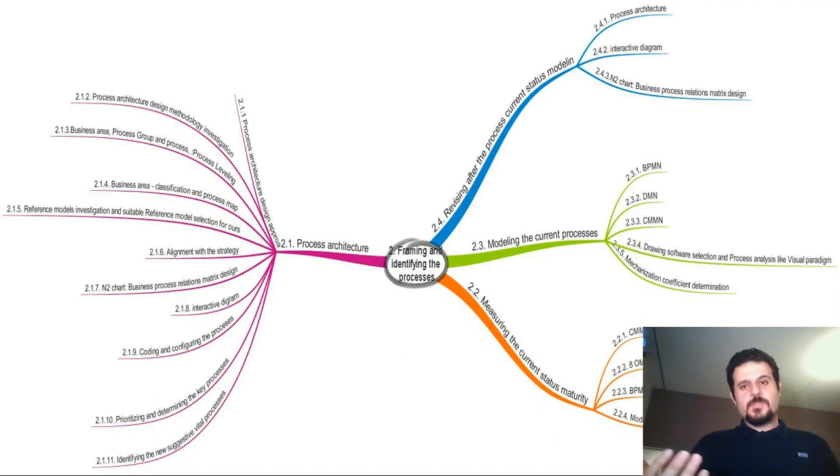The reference model approach is very suitable and much faster. It can help us classify the processes more easily. So you need to choose your methodology. After that, you should know about the business area, process group, and process. It's the leveling of process architecture, as I said. And next, you should decide the business area and categorize or classify it into steps.